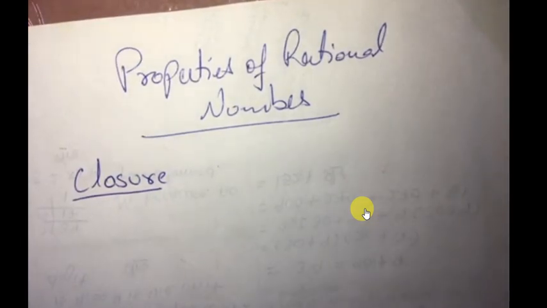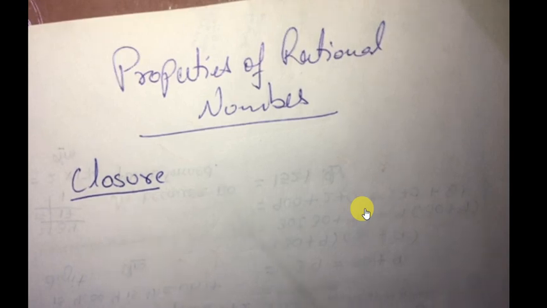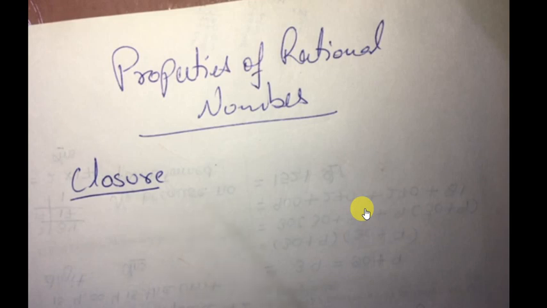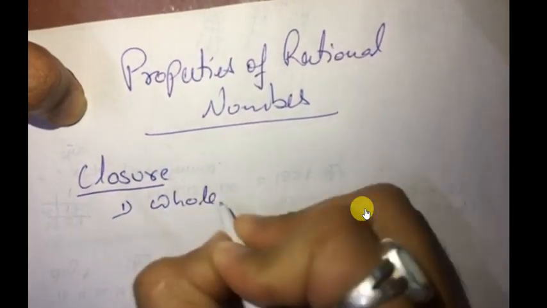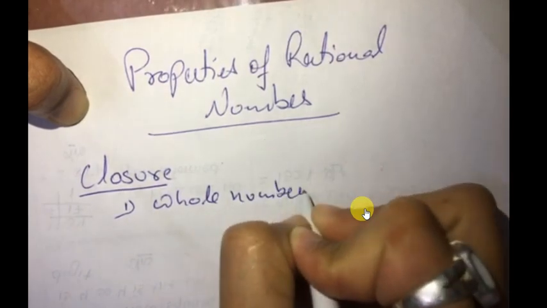Actually, the closure property states that if you are taking the same type of number and adding them, it will also give the same type of number. You have to study the property for whole numbers, natural numbers, integers, and rational numbers. Let's say we will study it for whole numbers first.